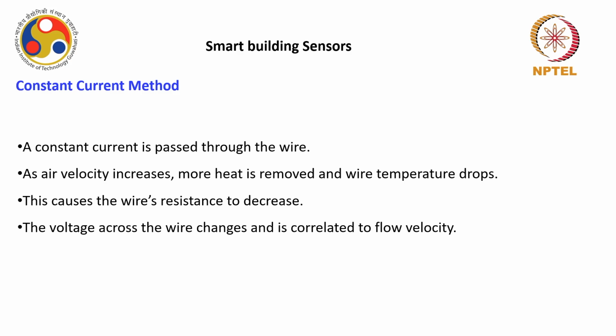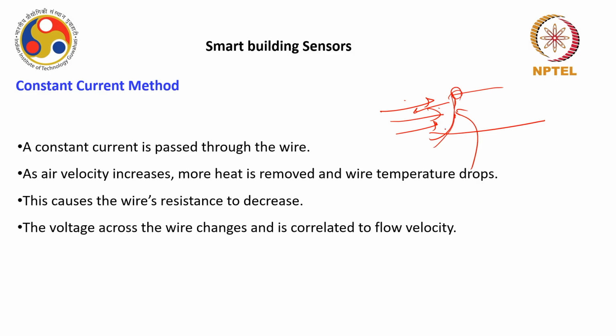A constant current is passed through the wire, as the name suggests. You have this wire with air flowing on it, and when the air carries away some heat by convection, the wire sees a dip in temperature and the resistance changes.